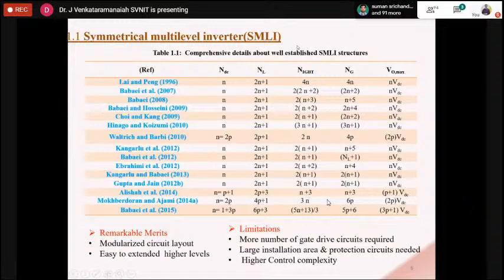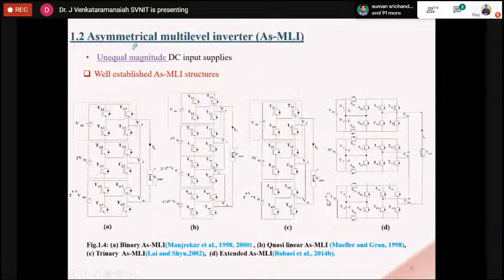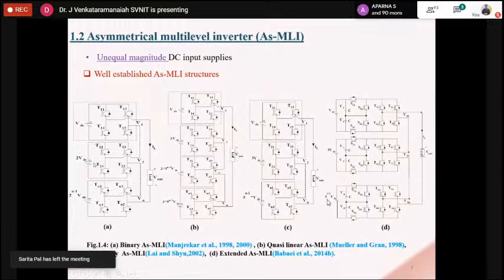Later, another family, the asymmetrical multi-level inverter, addressed reducing the number of DC sources for the same number of levels. Here they used unequal magnitudes of DC input supplies. The first configuration, the so-called binary asymmetrical MLI, was introduced by Manjrekar in 1998.